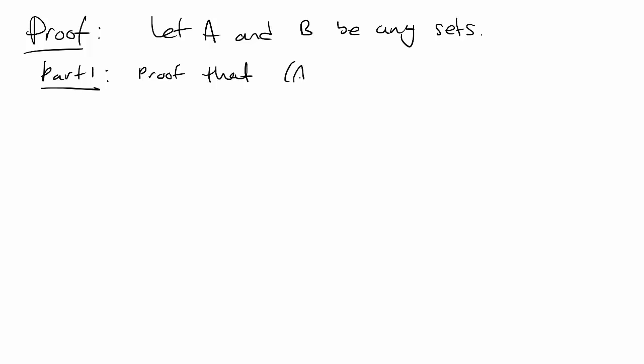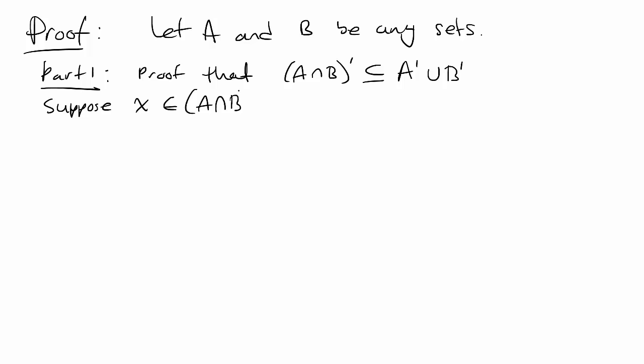So we're going to prove that A intersected with B, and the complement of that, is a subset of A complement union B complement. So we're going to suppose X is an element of that first set, A intersection B, the complement of that. And then we're going to break it down and build it back up.